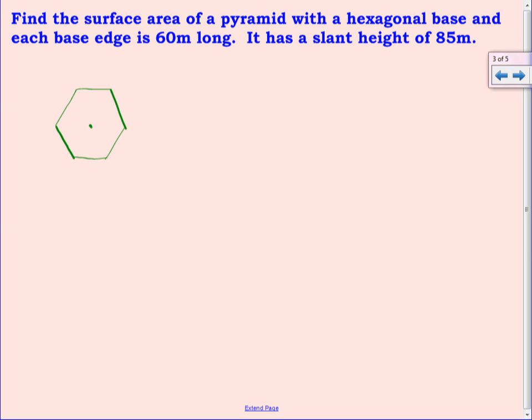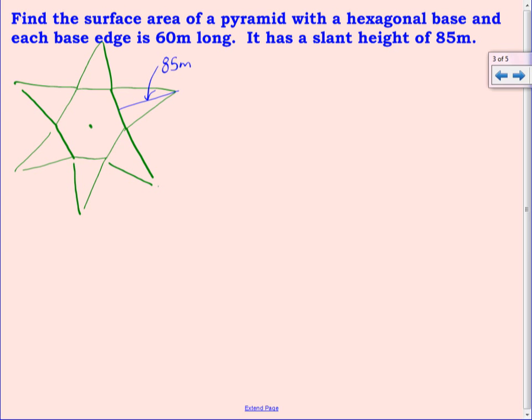We're going to do a slant height of 85. All right, so looking at this, we have a hexagon and then we have all these triangles. So here they gave us the slant height of 85. And each base edge is 60. So all of these are 60.